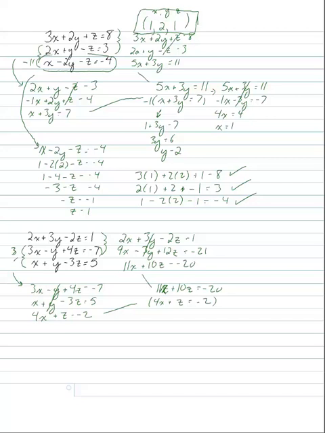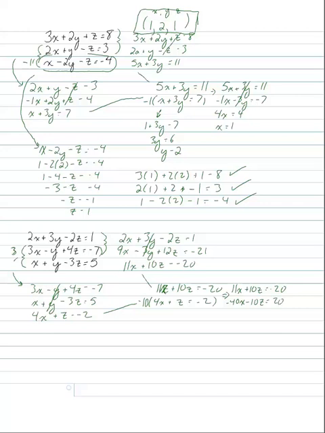So I have a positive 10 in my first one, a positive 1 here, so I'm going to multiply my second equation by negative 10. So my top equation will stay the same, 11x plus 10z equals negative 20. Bottom equation should be negative 40x minus 10z equals positive 20.